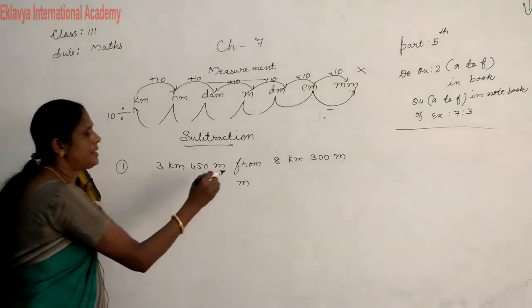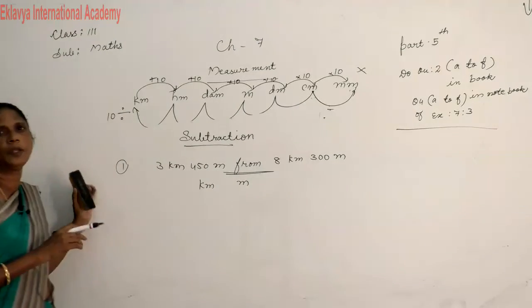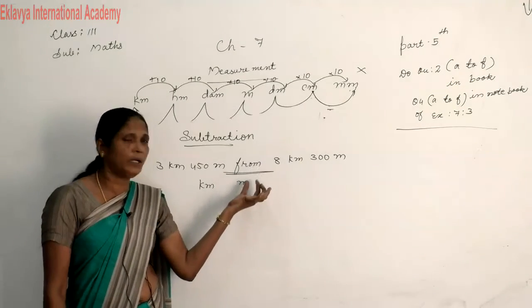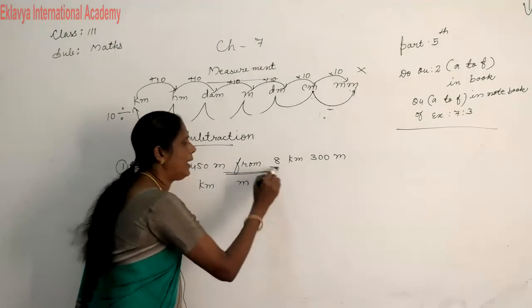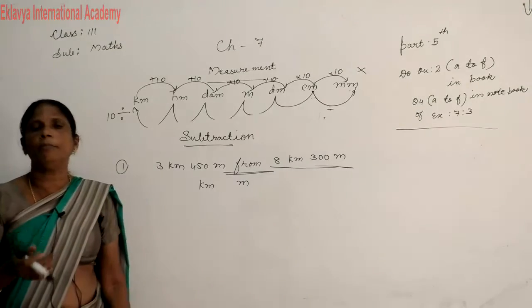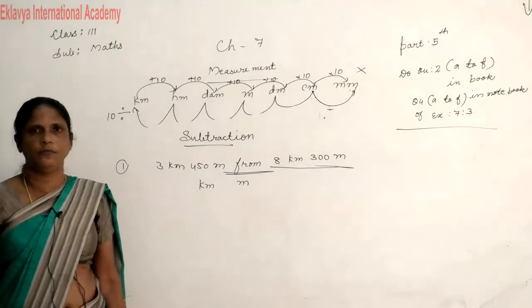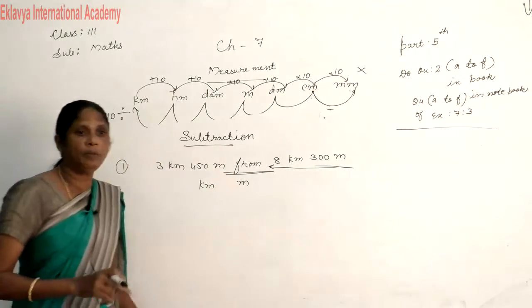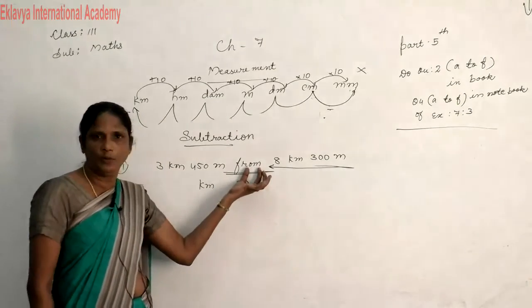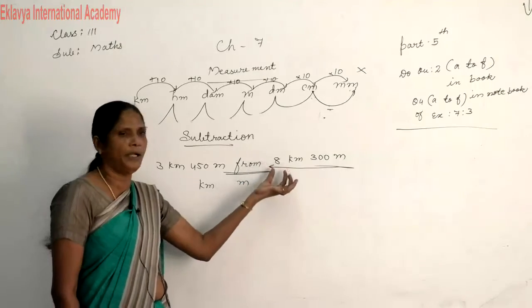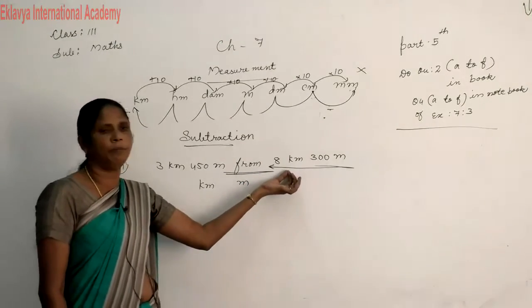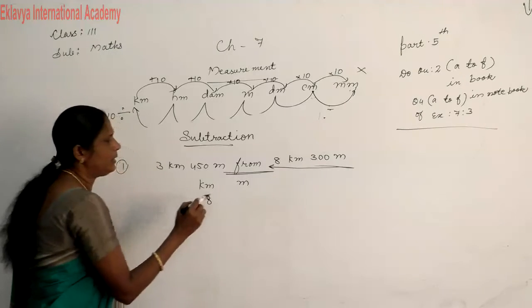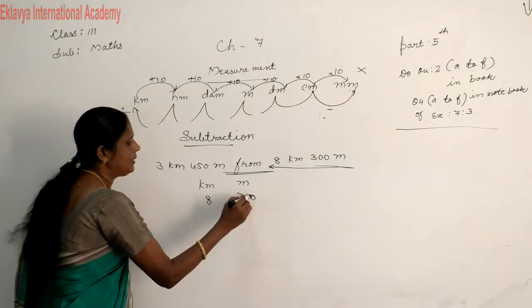Now you write: which word comes here? "From" comes here. Therefore, you write the second number first. Which number comes first? The second number. Which word comes in the question? "From". Therefore we write the second number first, that is 8 kilometer 300 meter.